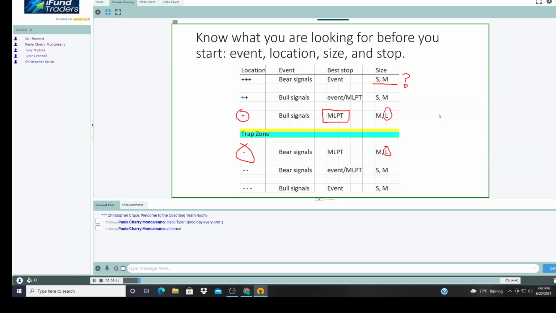And in some cases, it gives you room to add within the space of your event stop that's not going to bring you to a max loss per trade, right?